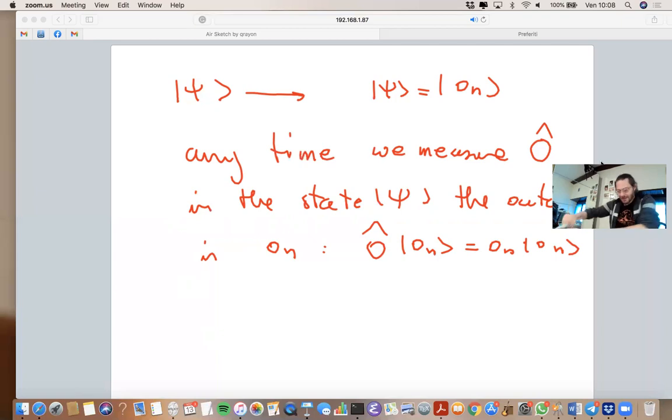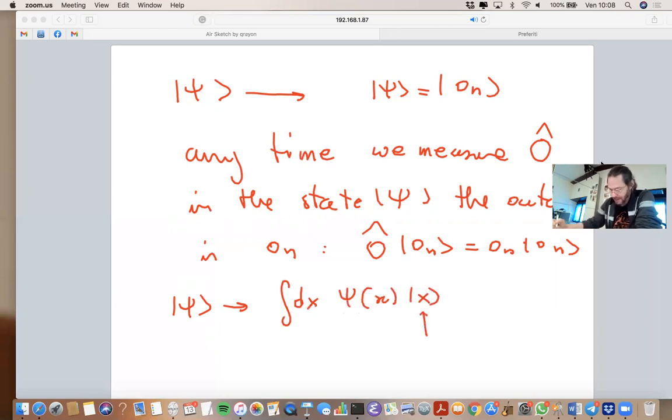So clearly, if the state psi is not an eigenstate of X, let me give you a counterexample. Let's assume this is not an eigenstate of the position operator. How do I know? Because you see, it's a linear combination of position eigenstates, not just one position eigenstate. Then when I measure X in my system, I find different values every time.